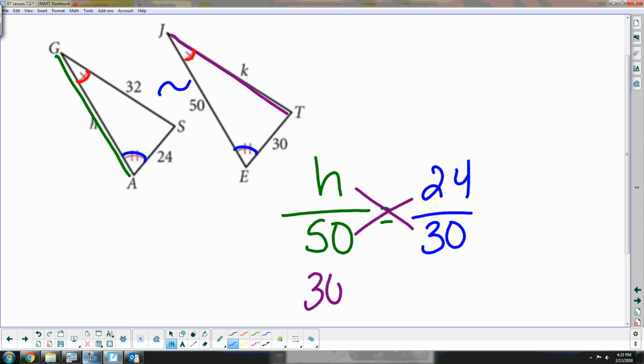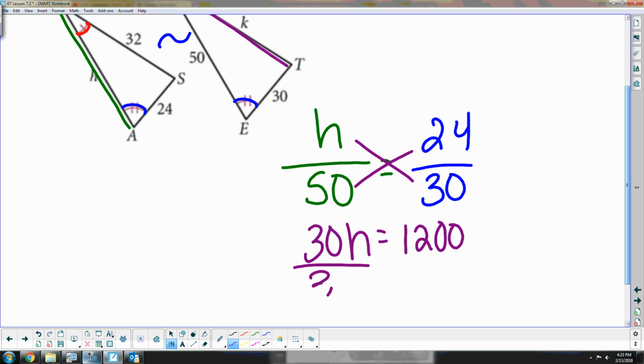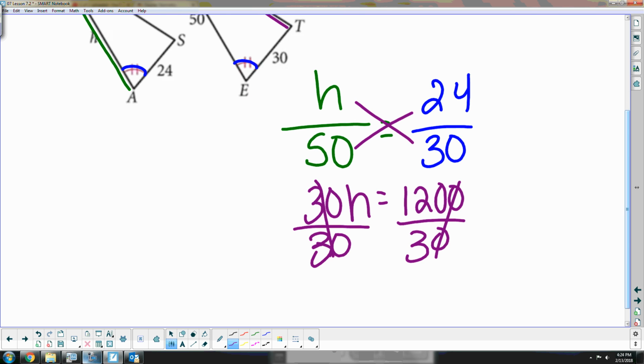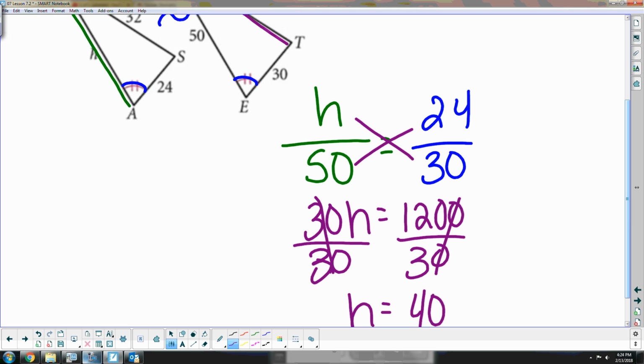So we have 30H equals 24 times 50, which is 1200. And now we're going to divide each side by 30 to solve for H. So 1200 divided by 30 is 40. So H is 40.